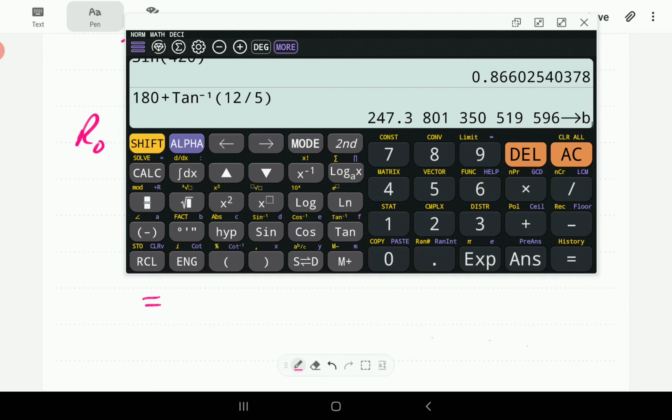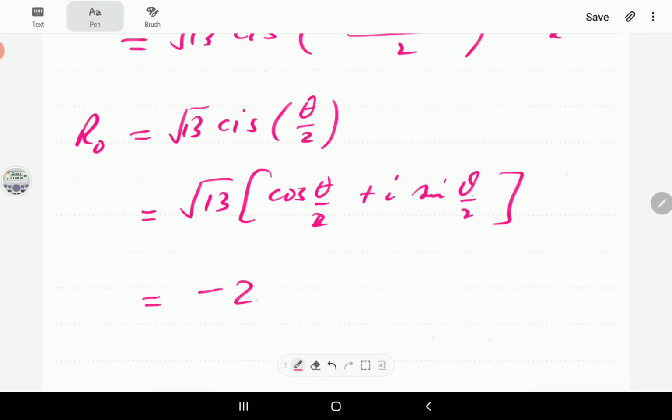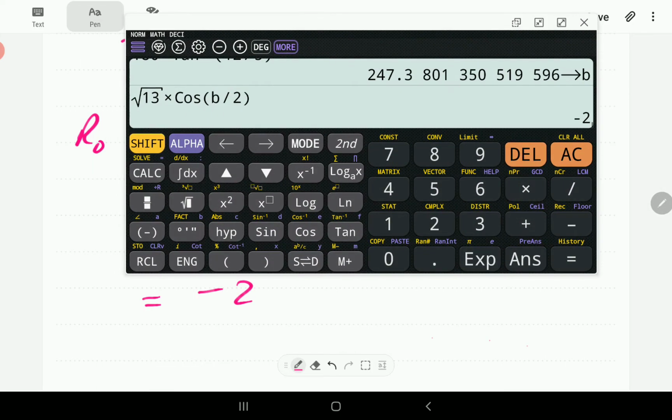So our theta is b. For the x component, we're going to have square root 13 times cosine b over 2, equal, so that gives us negative 2. Then for the other component, it's going to be the same calculation.